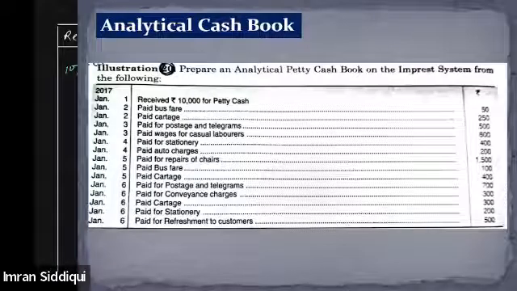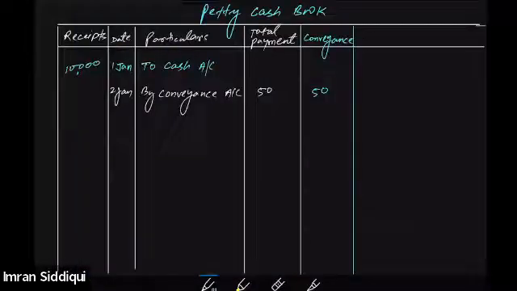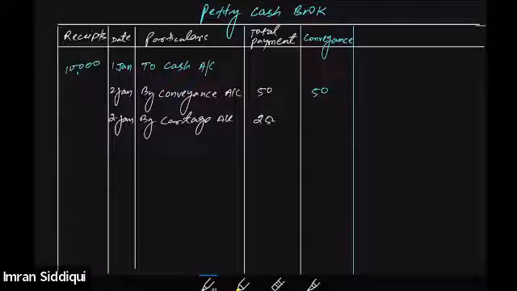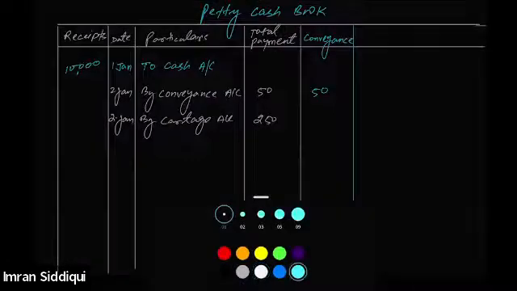Moving on to the next point, paid cartage. Cartage is a separate expense. On 2nd January, by cartage account, 250. But since it is a different kind of expense, we will have to make a separate column for cartage as well.